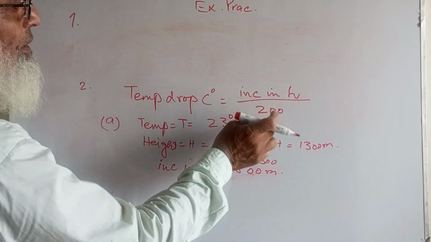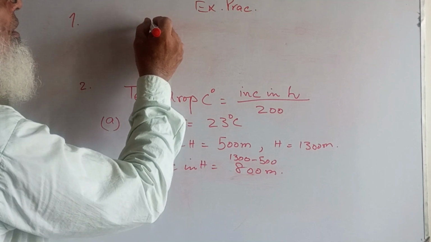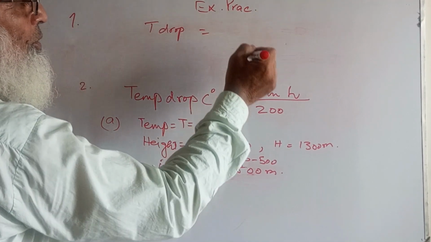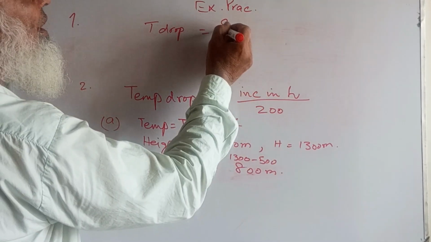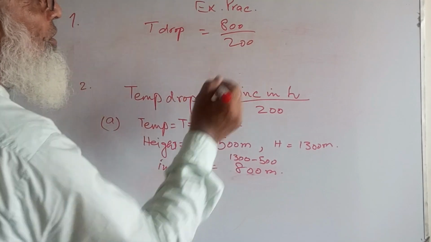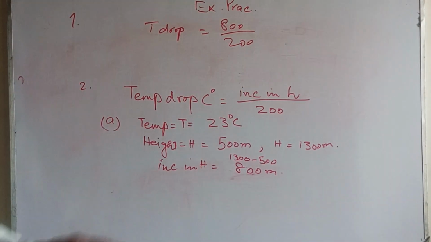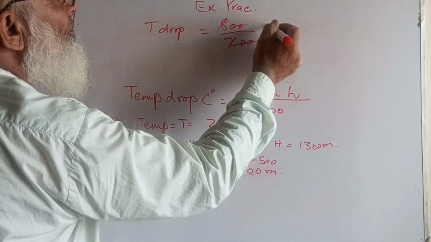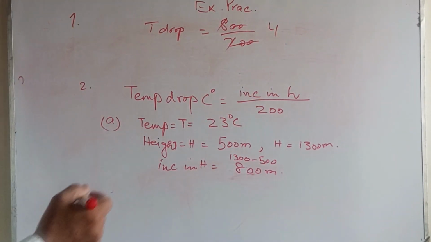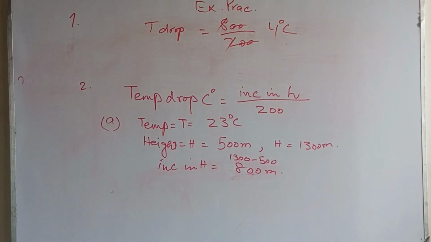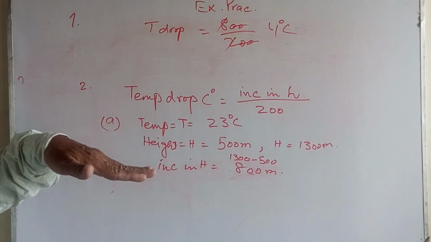Temperature drop is equal to the increase in height, 800 meters, divided by the constant, that is 200. What we will get here is only 4 degrees centigrade.